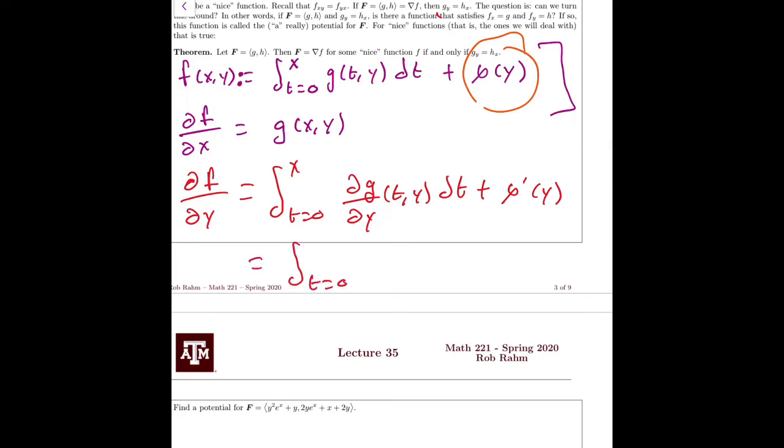Now here's where we're going to use our assumption. The derivative of g in the y variable is equal to the derivative of h in the x variable, or in this case, the derivative of h in the t variable.